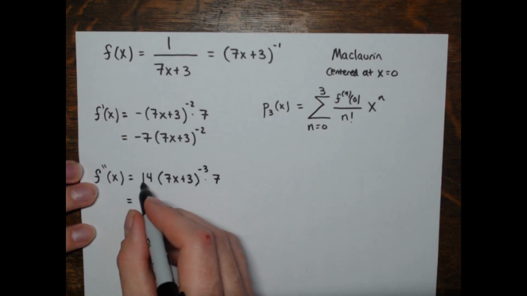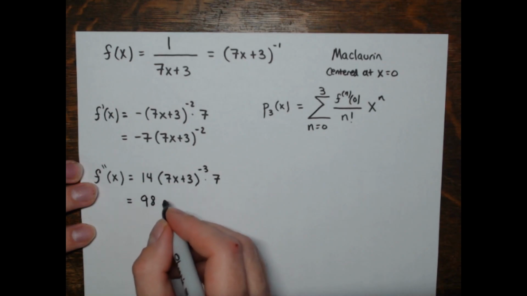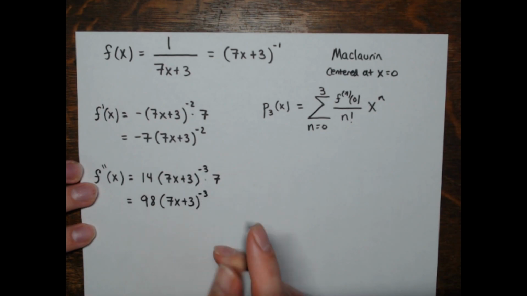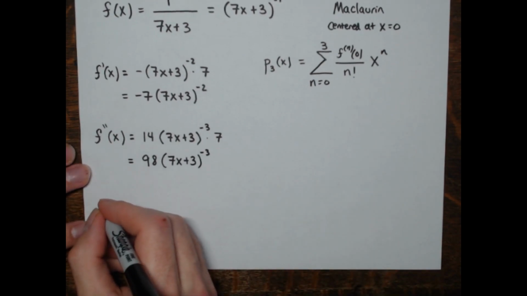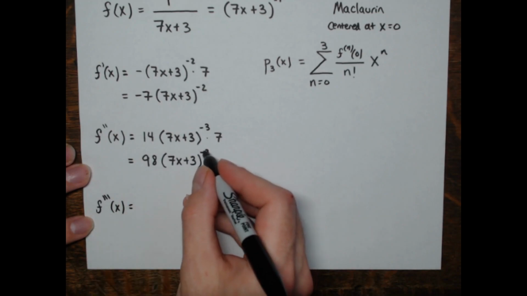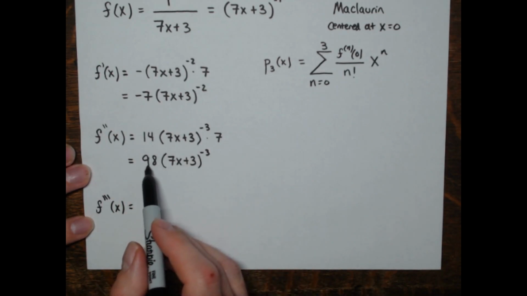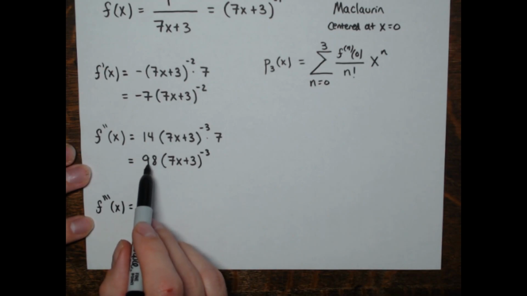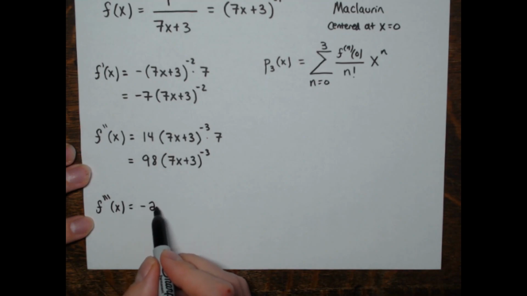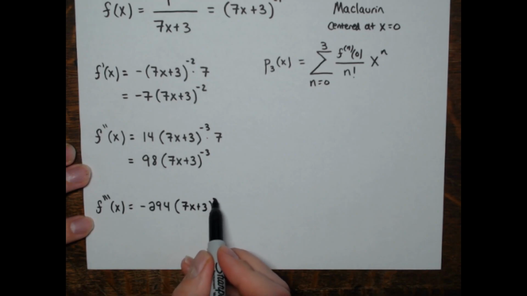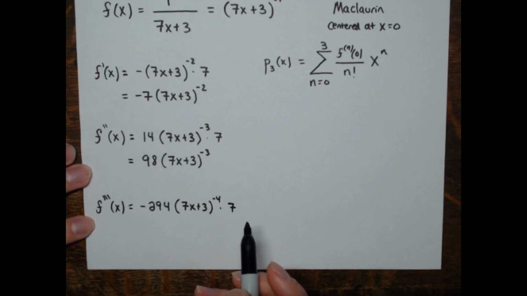So that would be 98, right? 70 and 28. So 98 times 7x plus 3 to the negative third. And then for the third derivative, it would be negative, now 3 times 98, that's 294, negative 294 times 7x plus 3 to the negative fourth power, but then times 7 again.